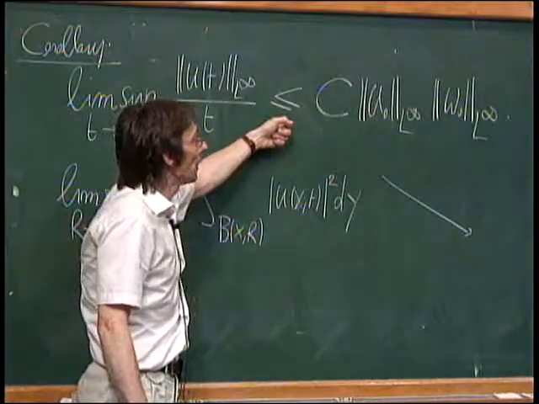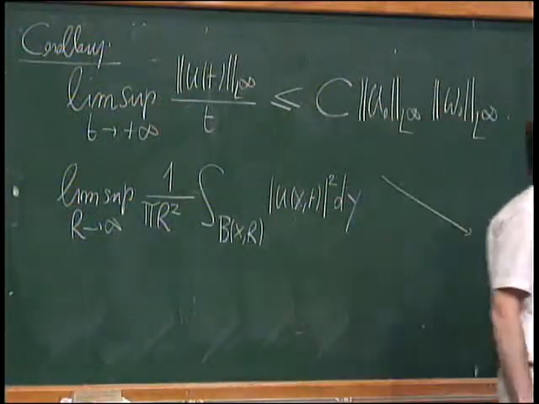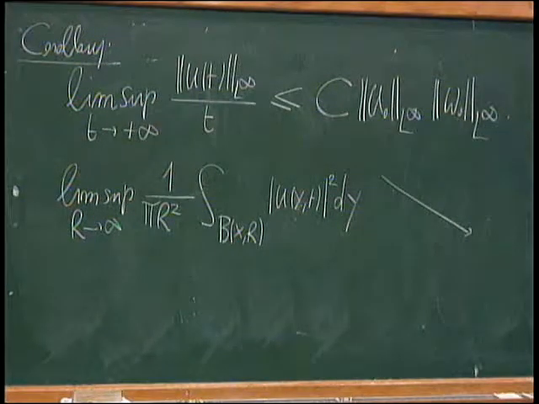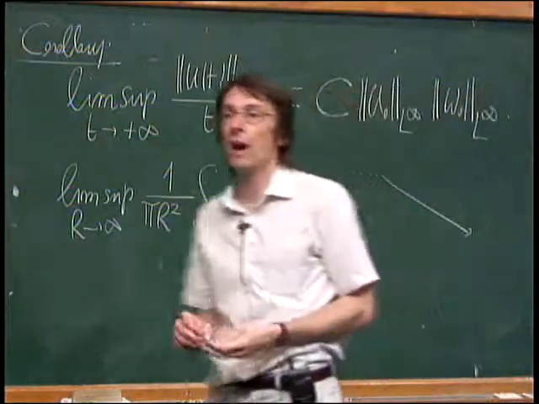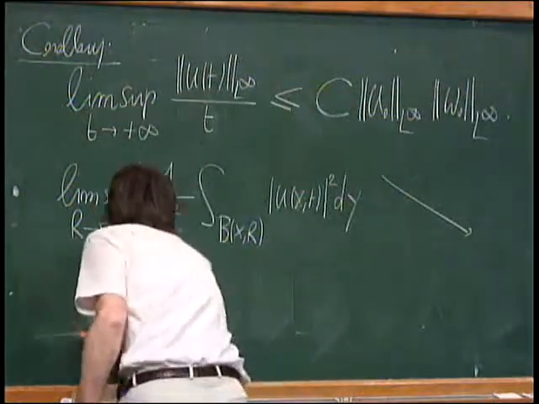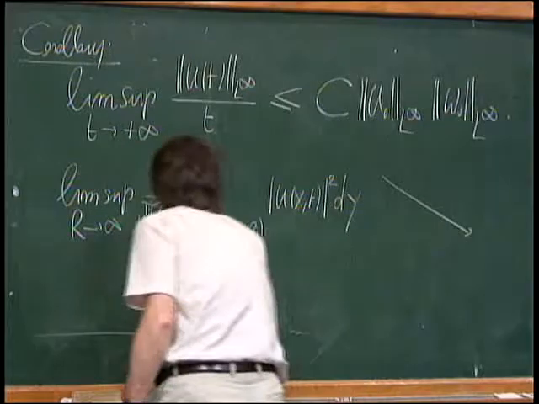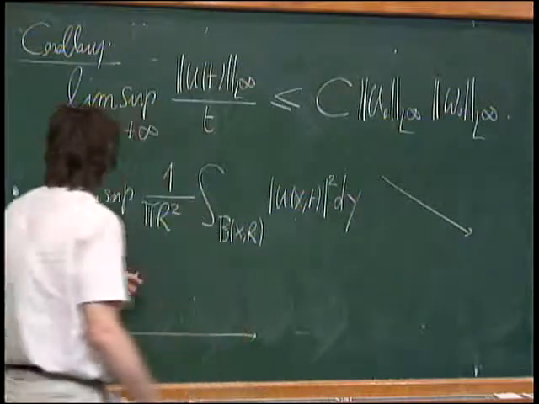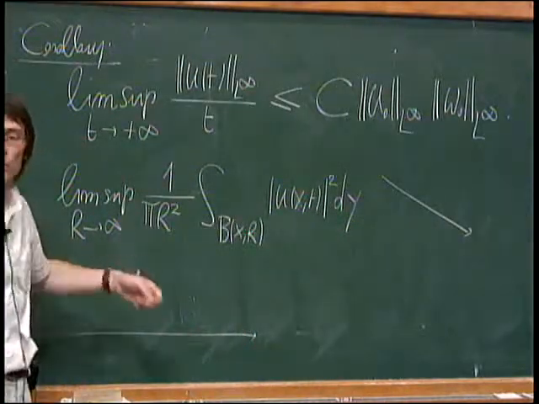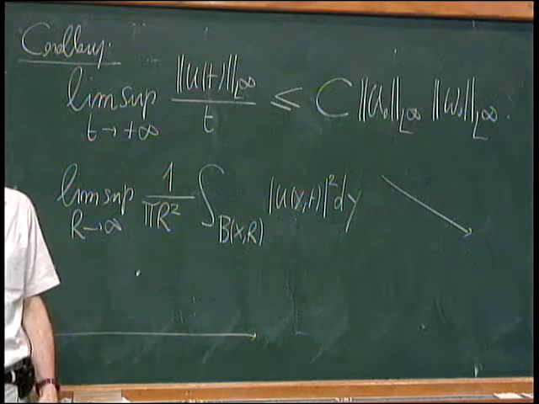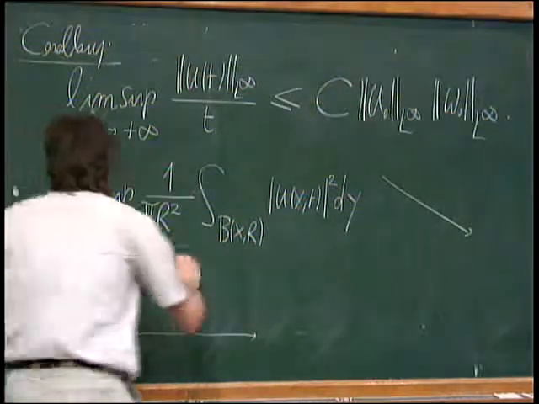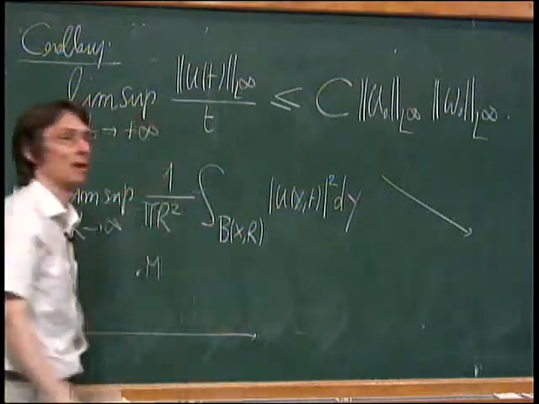Now, the other point is, what is the relation between this estimate and this corollary? For that, you have to use, in addition, the bound on the gradient of u. Suppose that at some point in your space, which I draw as a line, the intensity of the velocity field, the speed of a fluid particle, is large, close to its maximal value.